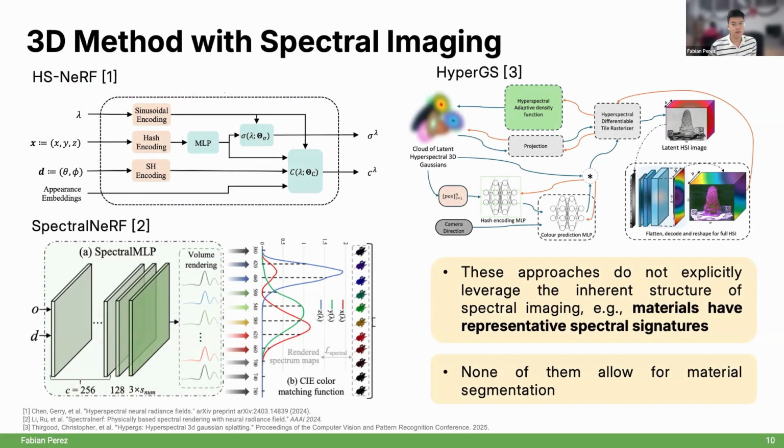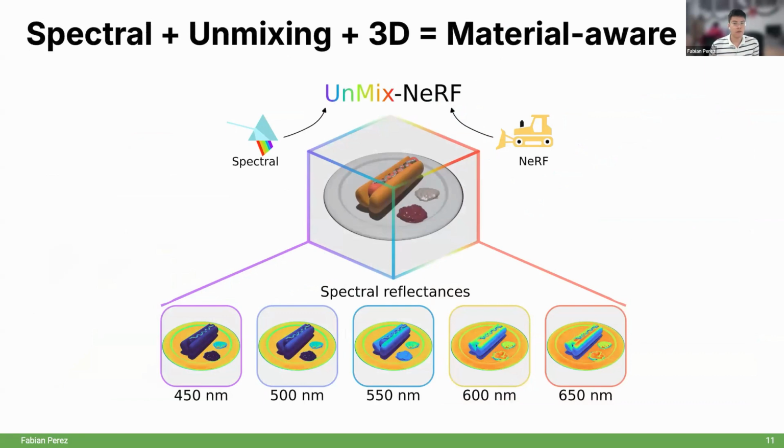And none of these methods allow for segmentation of each pixel in the scene. So we are the first work to include spectral mixing modeling within the NeRF framework. This allows us to improve spatial and spectral rendering, perform unsupervised material segmentation by using the learned abundance vectors, and also perform scene editing using the learned endmember dictionary.